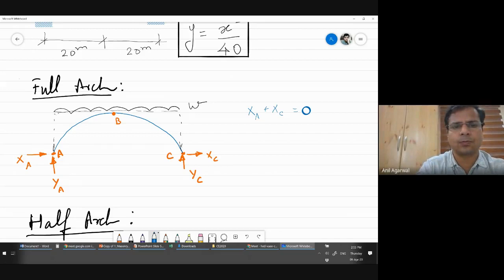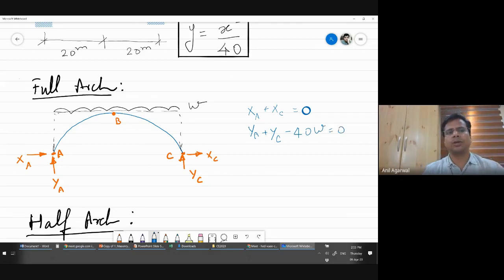And YA plus YC minus 40 times W is equal to 0. Now you may know, because this is a symmetric structure, YA and YC should be equal to each other, right? If we do moment balance, we will be able to figure that out, but I don't want to do moment balance.